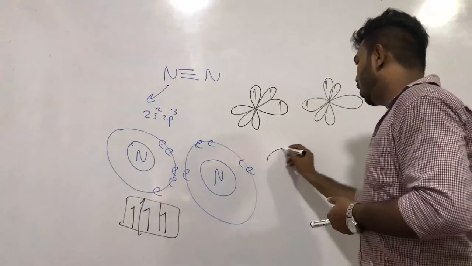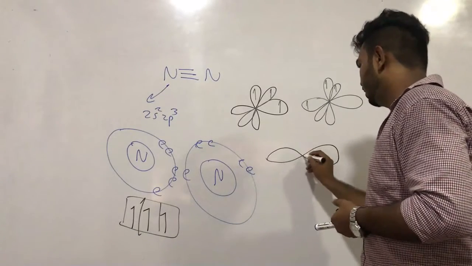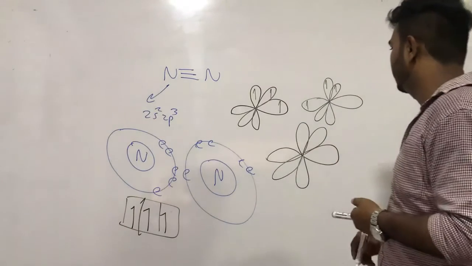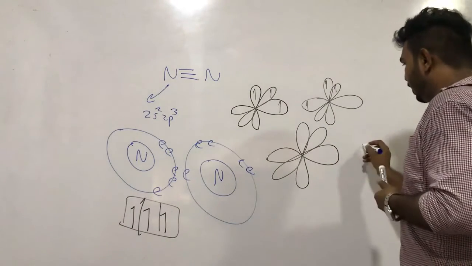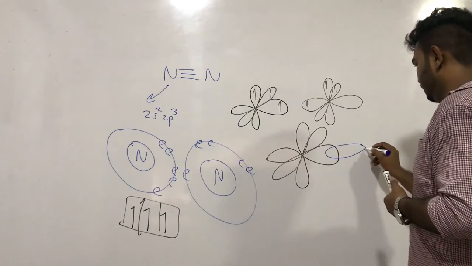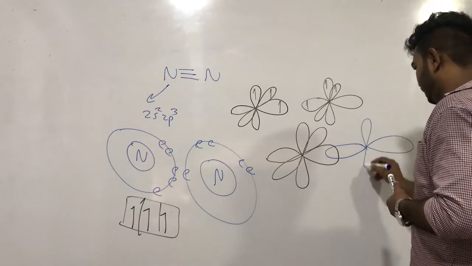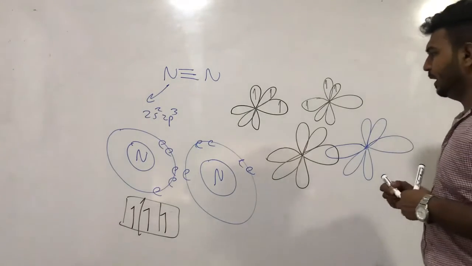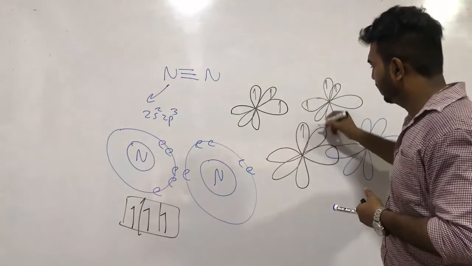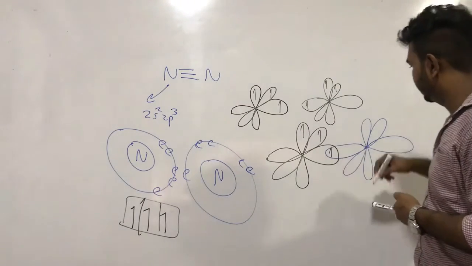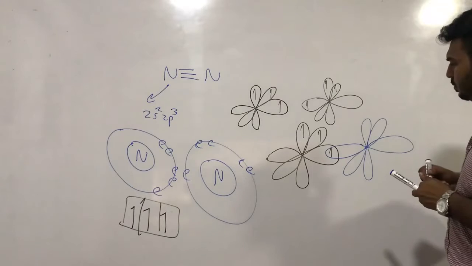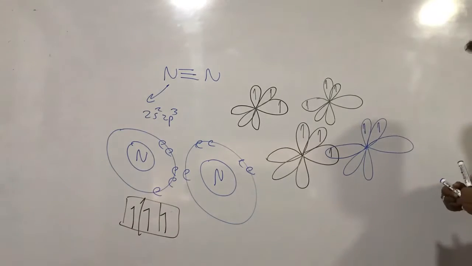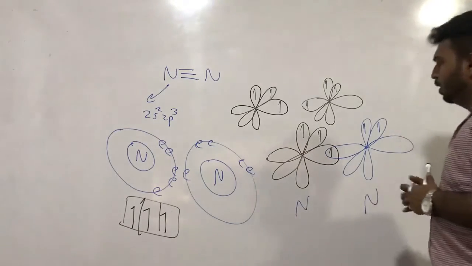If I draw the overlapping phenomenon, so now we can see these are nitrogen atoms.